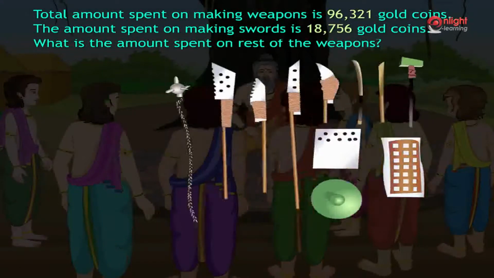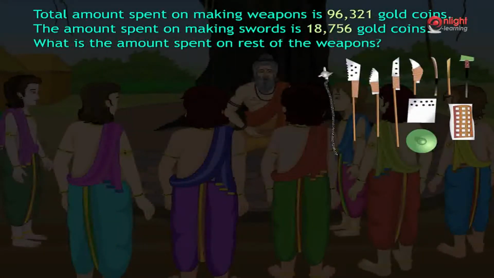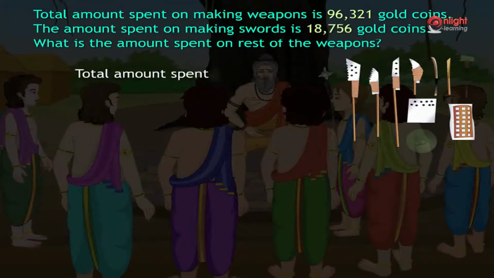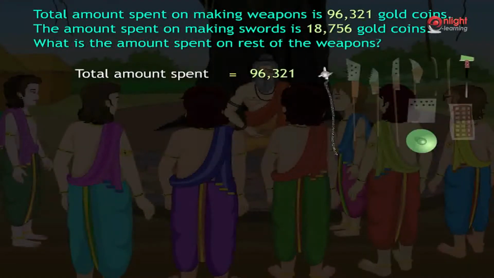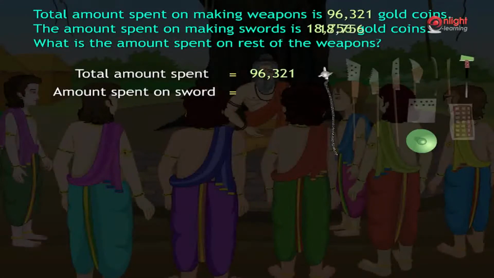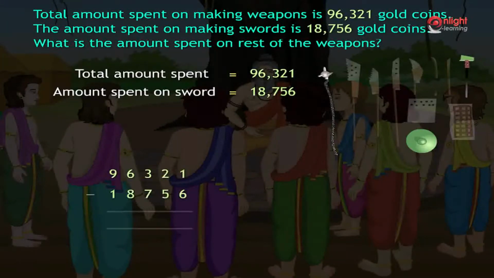Here we use subtraction. First, we shall note down what are the values given. Total amount spent equal to 96,321 gold coins. Amount spent on sword, 18,756 gold coins. Now let us subtract.